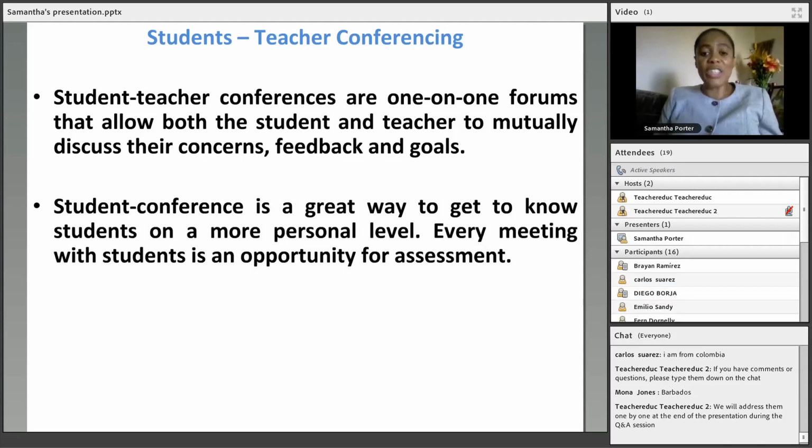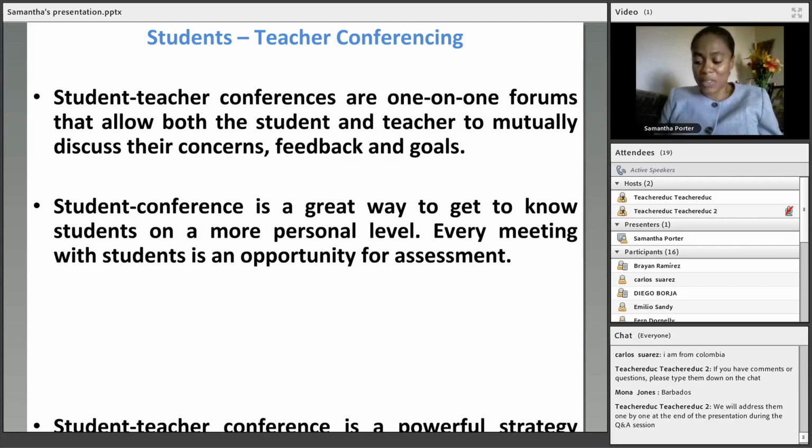Student conferencing is a great way to get to know students on a more personal level. Every meeting with students is an opportunity for assessment. It's an opportunity to understand students' thinking, errors, misconceptions. It is an opportunity to clarify issues.